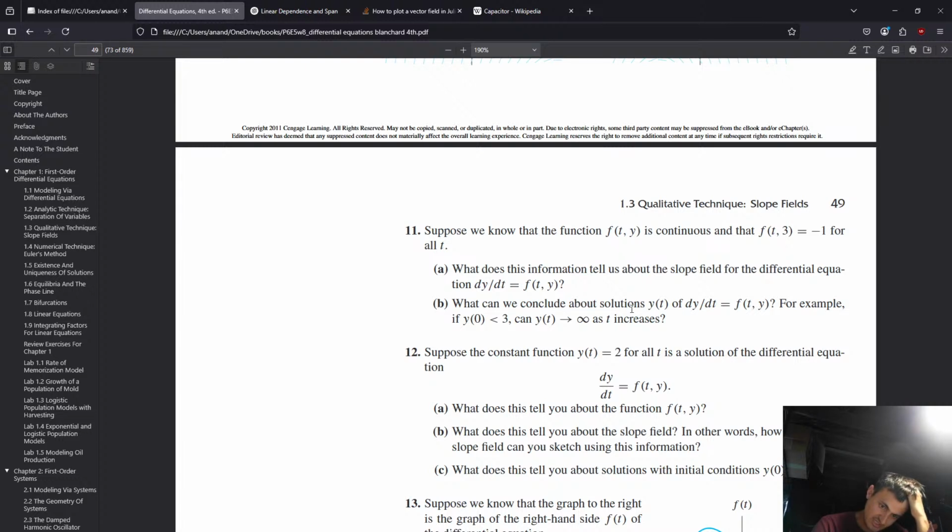So if changing t, then f is autonomous, Jesus.